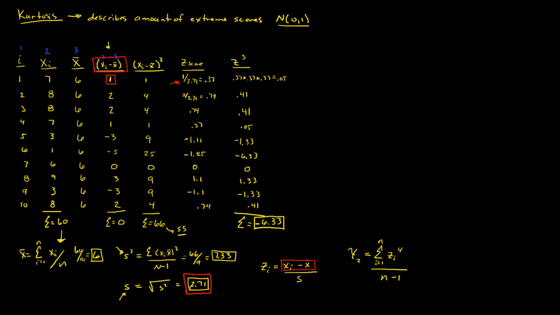Now we need an additional column that's going to be z to the fourth, which takes this z-score and multiplies it 4 times.